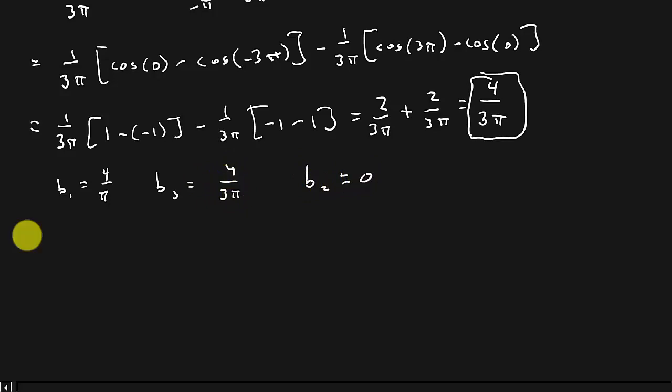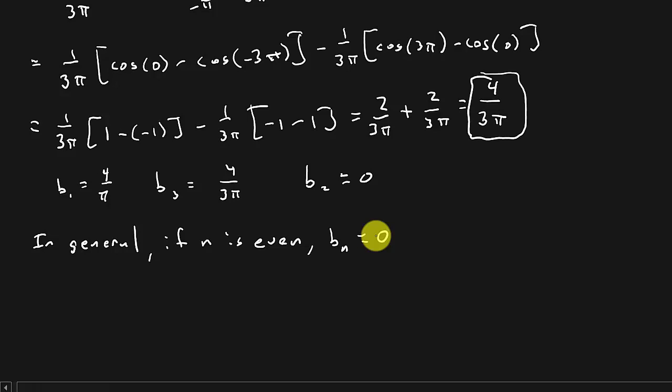So in this problem, we could actually say in general, if n is even, then Bn is 0. All the B terms with an even n are going to go to 0: B2, B4, B6, B8.